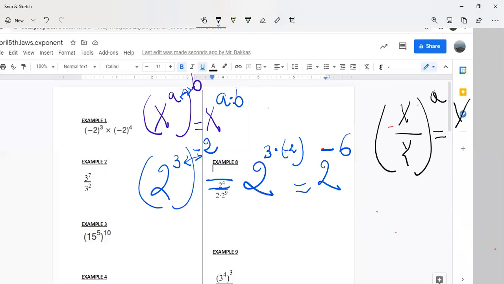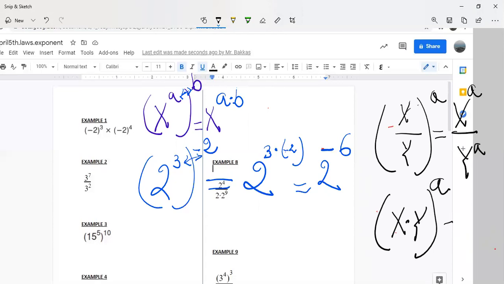So it can be written as x to the a over y to the a. So it's like raising both numbers, the x and the y, to the a power. And the same applies for multiplication. If you have x times y raised to the a, it's the same thing as x to the a. You give the a, the exponent, to both of them, times y to the a, okay?